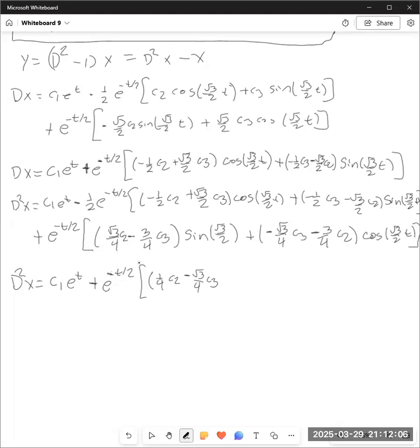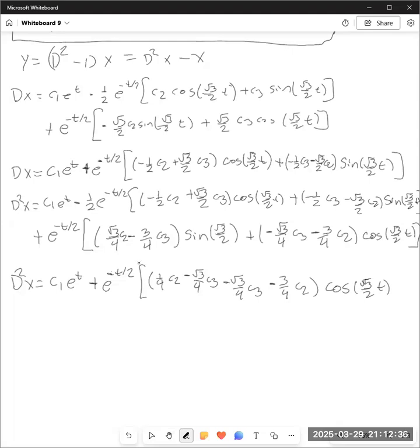Then we have, that's cosine, so minus root 3 over 4 c3 minus 3/4 c2 cosine of root 3 over 2 t.